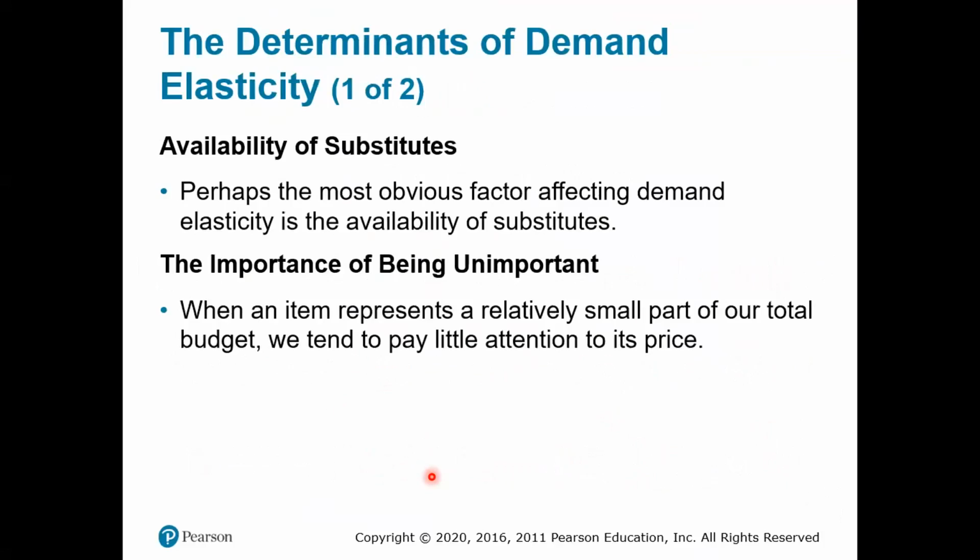So what determines your elasticity? Well, first is very simple: the availability of substitutes. Now this is where that construct I mentioned back in Chapter 3 becomes very critical. Remember when we talked about substitutes, I said this is a continuum between perfect substitutes and close substitutes. If you have perfect substitutes, you're most likely going to have a perfectly elastic demand curve.